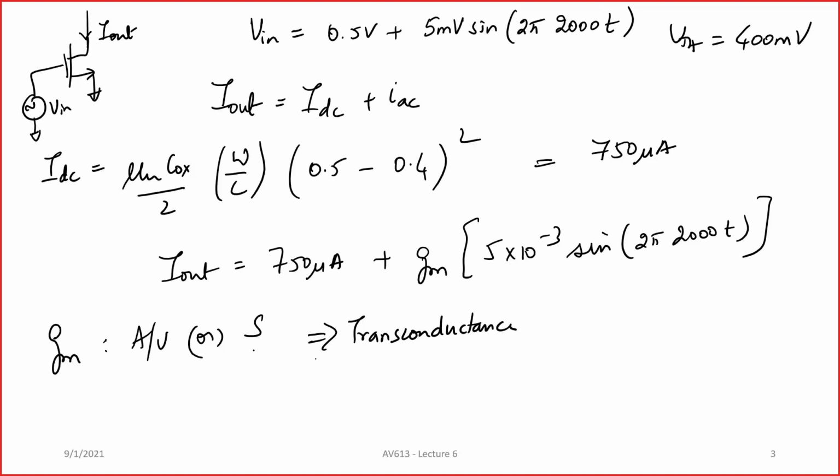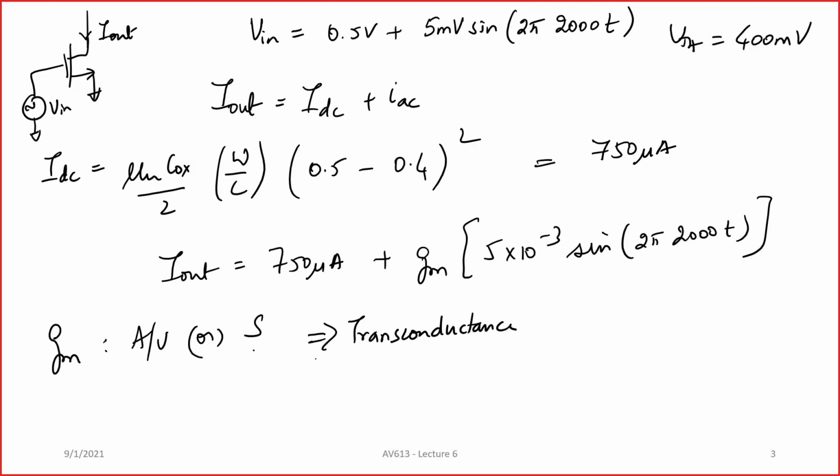The voltage variation between 2 terminals of a MOSFET is setting up a current on the third terminal. So you have voltage between gate and source, and that sets up a current through the drain, and that is why it is called a transconductance. The conductance is translated, okay? And here the unit is ampere per volt, because it takes voltage as the input and gives you a current as the output. All right. So this is what is called transconductance.